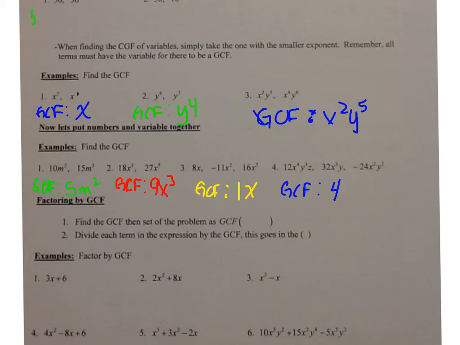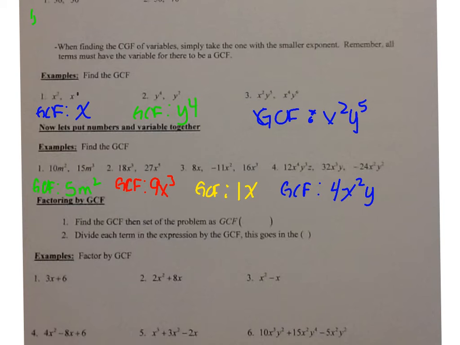And then we have an x to the fourth, an x to the third, and an x squared, so it would be x squared. I have a y to the third, a y, and a y squared, so it would just be y. Now notice this term here has a z, but none of these have a z, so you can't put z down here. Z is not part of the GCF. It's not common to all 3 terms.